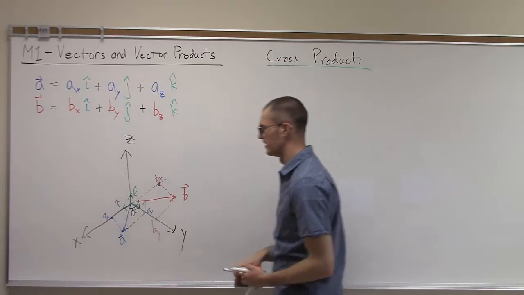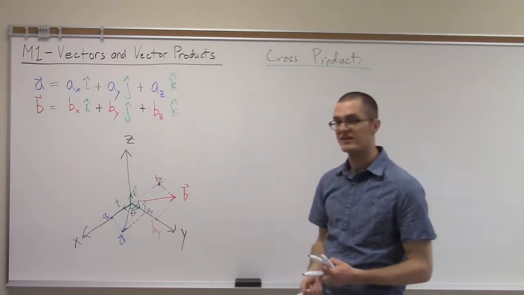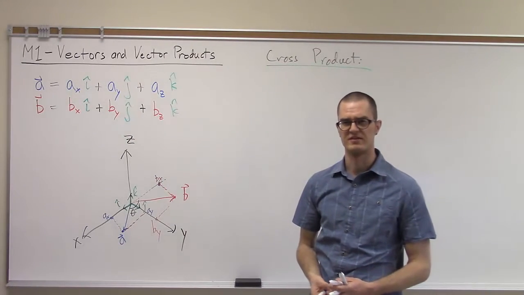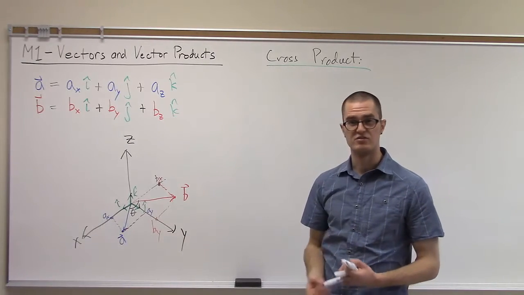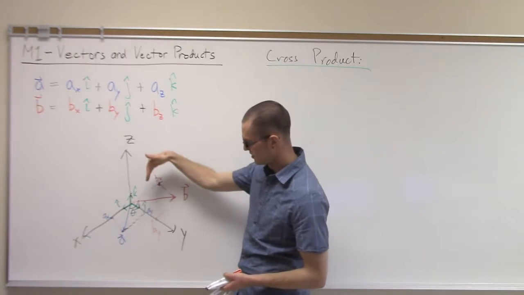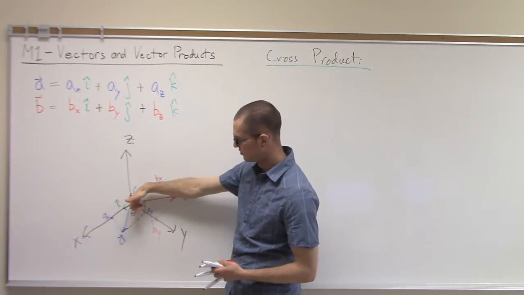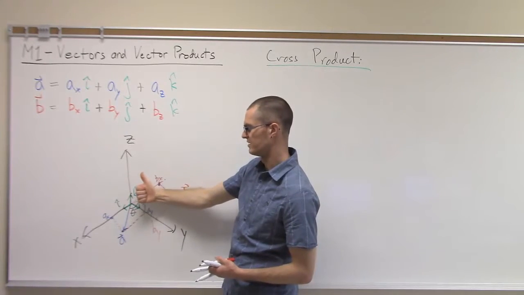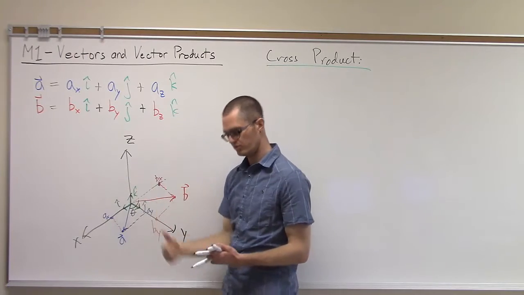Call it theta again. So the cross product calculates a vector that's perpendicular to both of these, and its magnitude depends on the magnitude of these two vectors. So if I use a right-hand rule, I put my fingers in the direction of the first vector a and curl them towards b, that tells me that the direction of the a cross b vector will be pointing up.